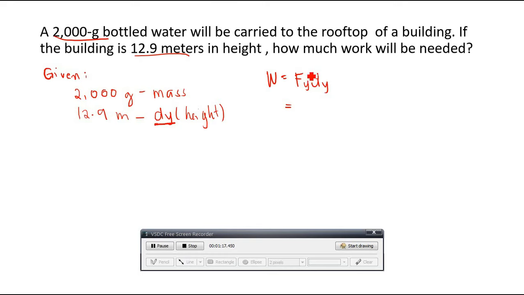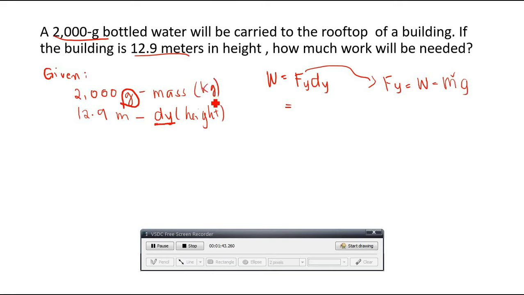So first let us solve for force, or Fy, and your Fy is, again, your weight, or small letter w, and weight is equal to m times g. Now you have your mass, yes, but the problem is it is expressed in grams. The base unit for mass should always be kilogram.